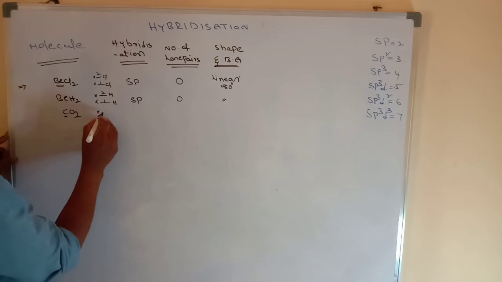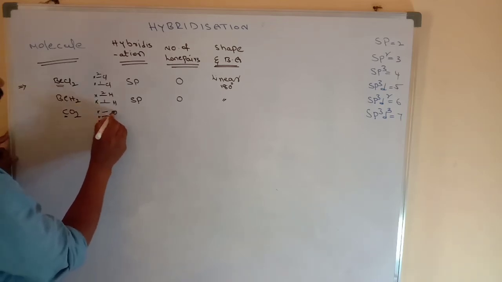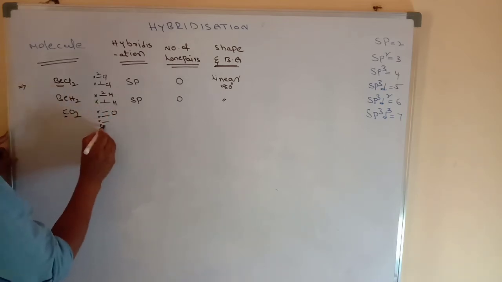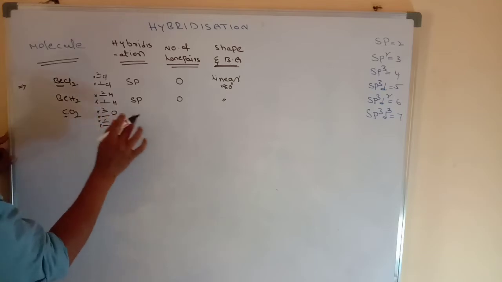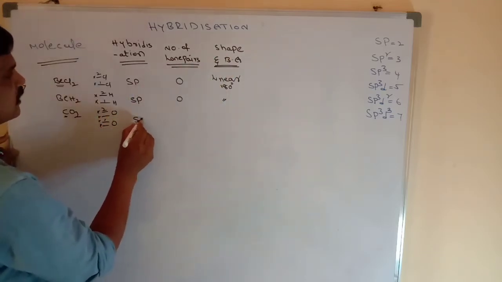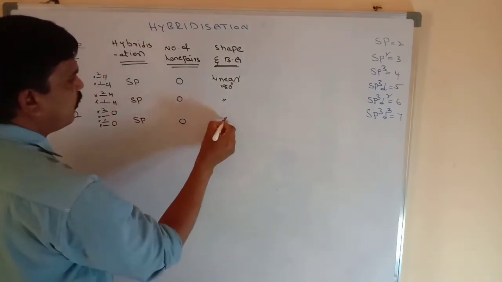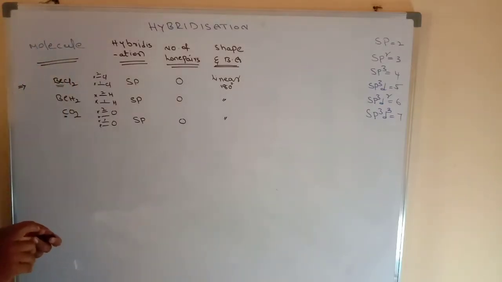Oxygen always forms a double bond, so use 2 dots for each of the 2 oxygens. For one oxygen give 1, for the other give 2. The sum of powers is 2, which means sp hybridization with 0 lone pairs. The shape is linear and the bond angle is 180 degrees.